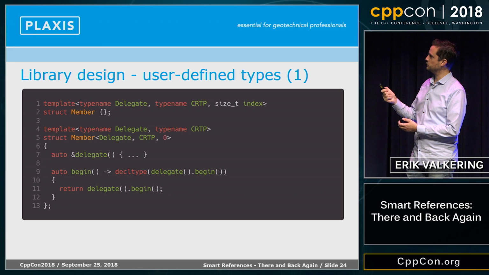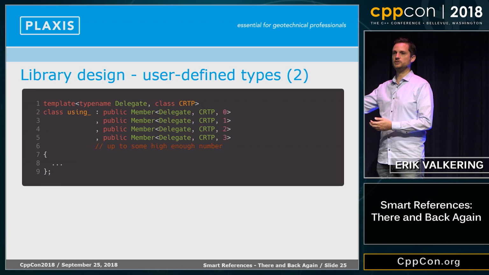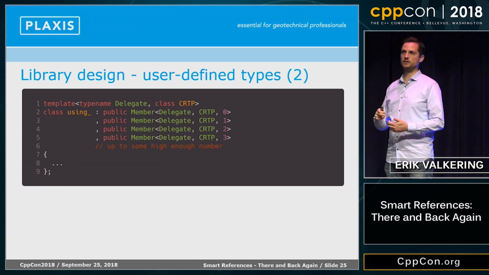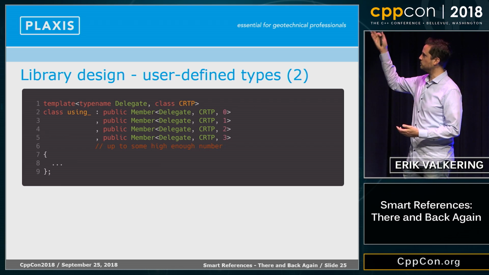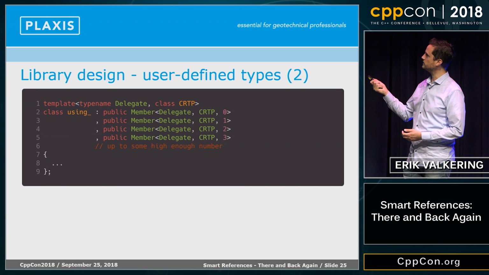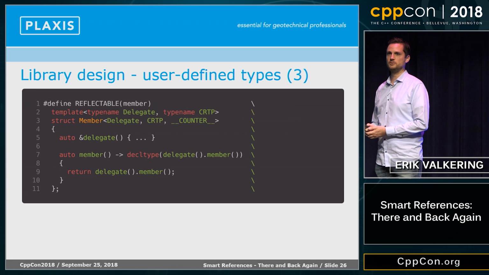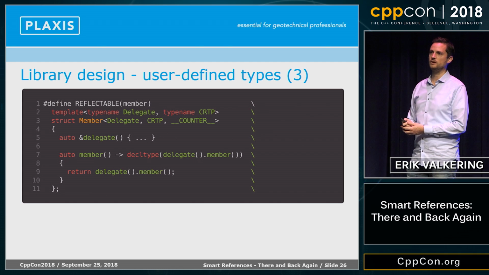And then the using class will inherit from all these member specializations. So for every member function that we want to support, we specialize a class for that, and then we inherit from all of them. And we use a macro to make this a little bit more tidy, because you don't want to repeat this for every member function that you want to support.